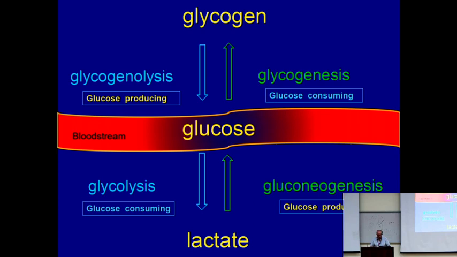So there are 4 distinct metabolic processes that either use up glucose or produce glucose. Okay? And I want you to really appreciate what that means and kind of appreciate that there's basically a constant regulation or balance between all these 4 processes.